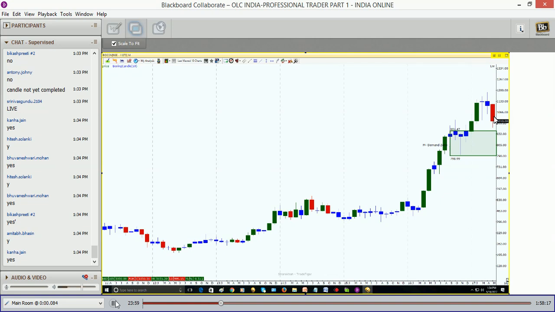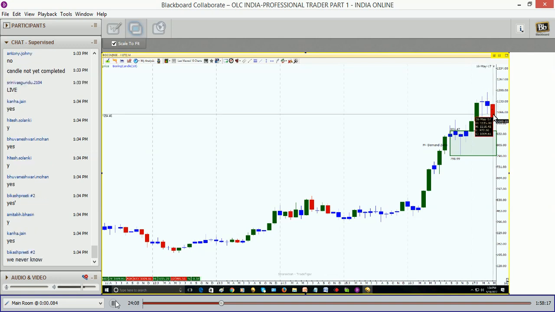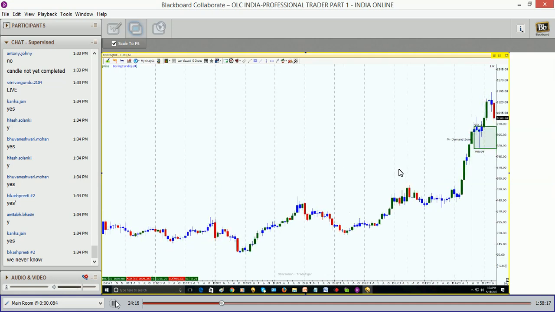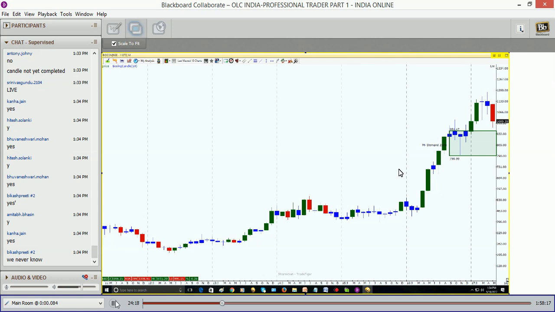Absolutely. Therefore, we cannot mark this as our fresh supply zone because this candle has not closed. Is there any other supply zone over here? Absolutely not.